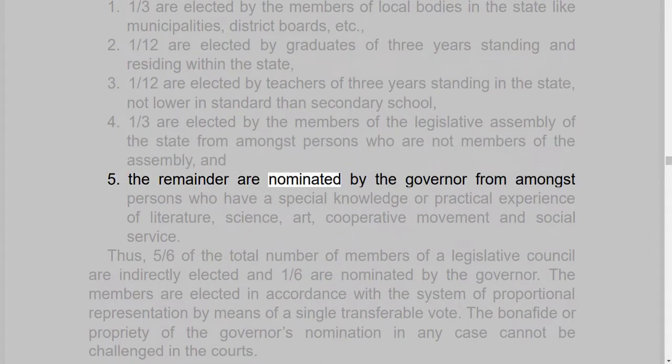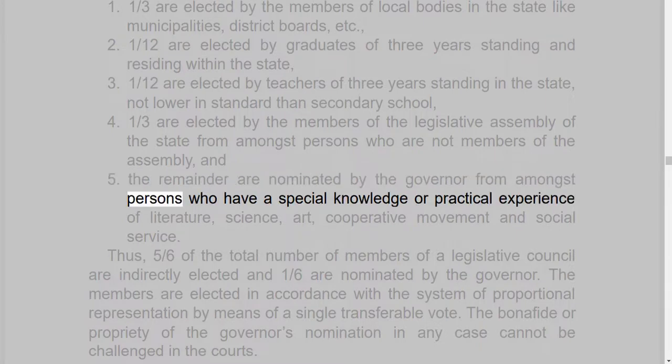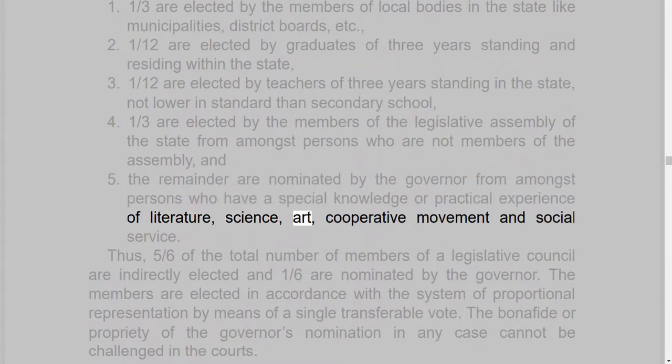The remainder are nominated by the governor from amongst persons who have a special knowledge or practical experience of literature, science, art, cooperative movement and social service.